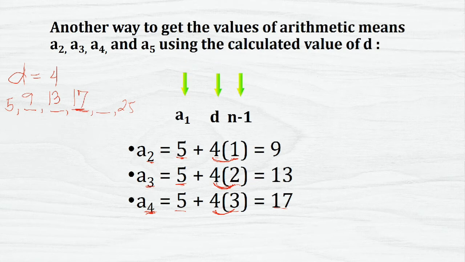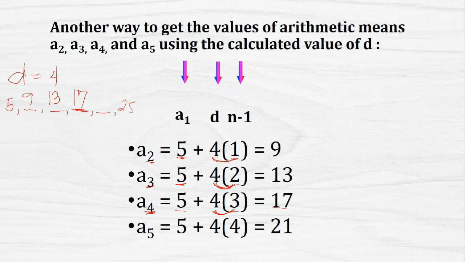And last, for the fourth arithmetic mean, that's the fifth term. So, same again. First term is 5. And then, our common difference, 5 minus 1 is 4. 4 times 4 is 16. 16 plus 5 is 21. So, the fourth arithmetic mean is 21. So, take note, these are our arithmetic means.